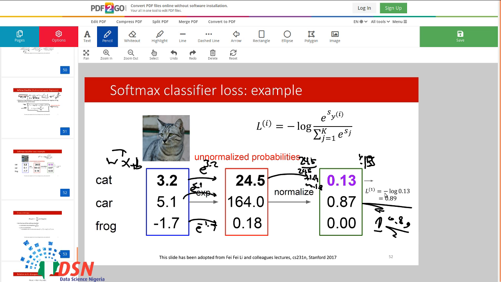Okay, so it will be 0 if it predicts the cat with a probability of 1.